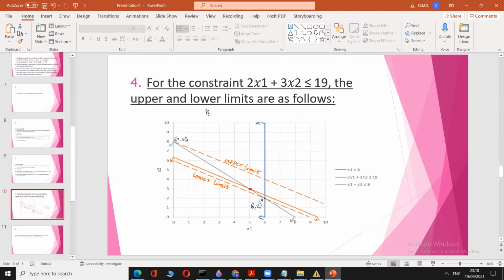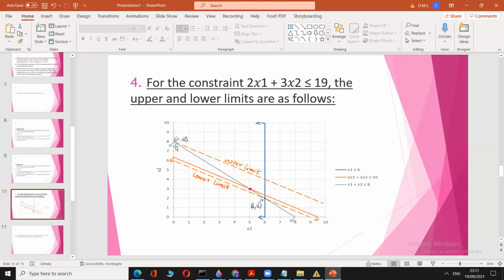We'll slowly understand this one. For the constraint line 2x1 plus 3x2 less than or equal to 90, we'll consider this first. There you want to find the upper and lower limits. How do you find them? This orange line is my 2x1 plus 3x2 less than or equal to 90, the constraint line.